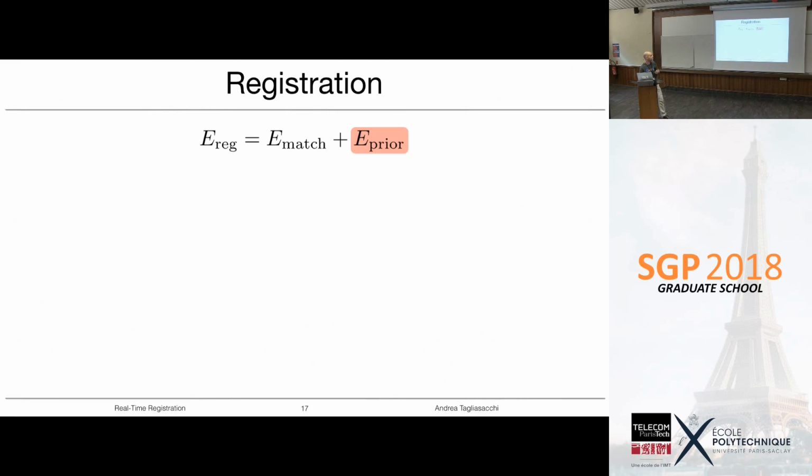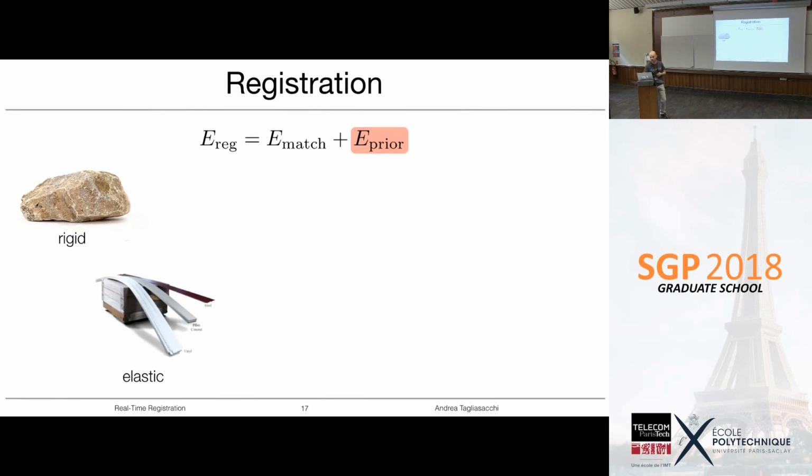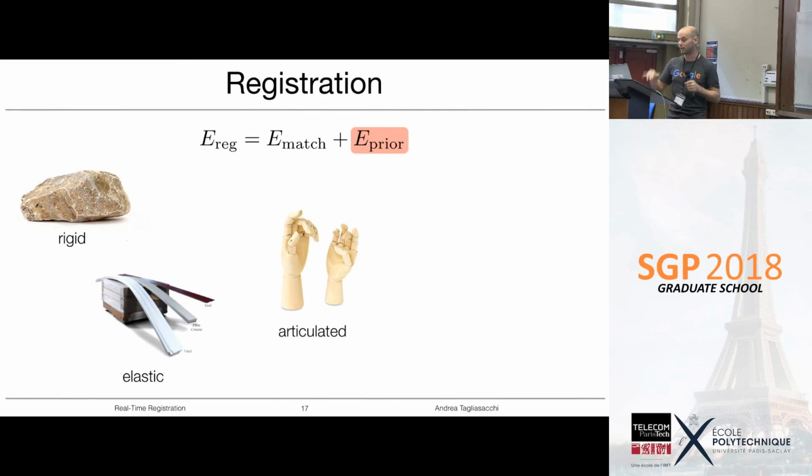Now for the prior, on the other hand, you can actually do several things, clearly. So if you are trying to match two frames that are rigidly in correspondence with each other, then I can put just a rigid prior onto the system. If I'm trying to, for example, align two objects where one can be an elastic deformation of the other, I can put an elastic prior, like a thin plate parameterization of the bending energy, of the deformation energies.